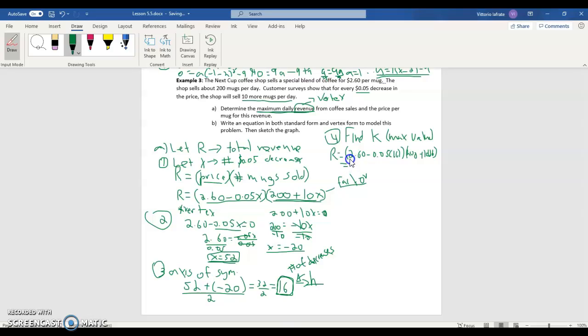We have 0.05 times 16, and then we do 2.60 minus that, so that's 1.8, times 200 plus 160, so times 360.